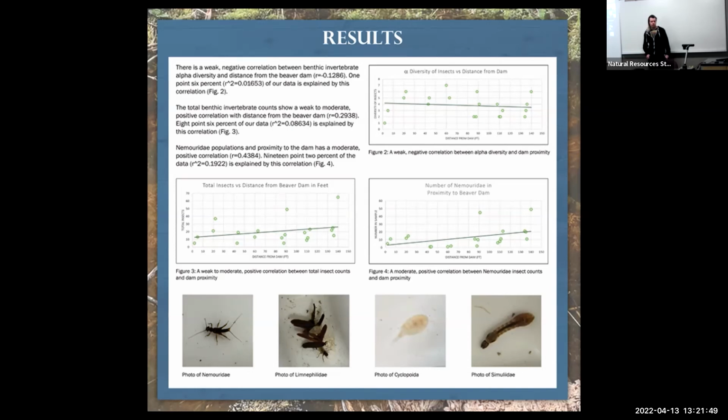You can do water quality metrics and see if those change and if there's any correlation with the insect populations as well, and just its effect on the overall stream quality. You could also do this at other streams that maybe aren't as healthy, and do a comparison between streams and beaver dams.